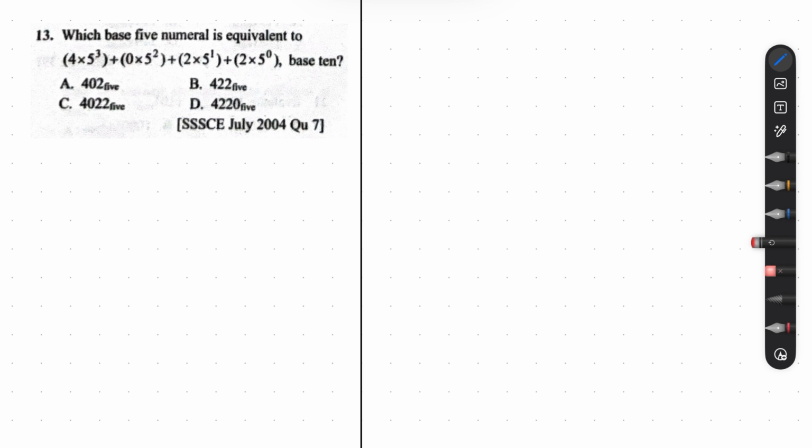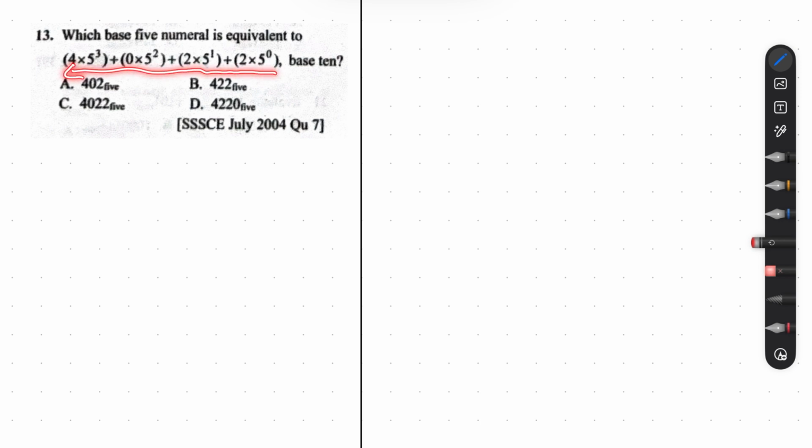We just need to take out the numbers that are multiplying by the exponents. The exponents start from 0, 1, 2, 3, so in the same order, the numbers will start. So we pick the numbers in that order.